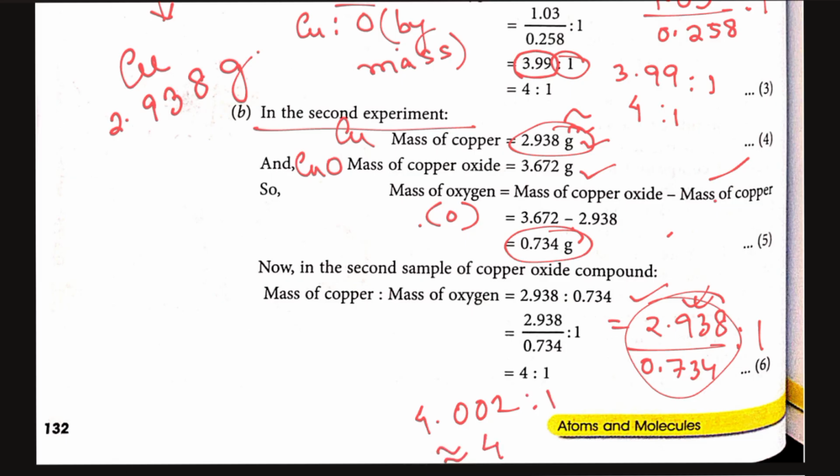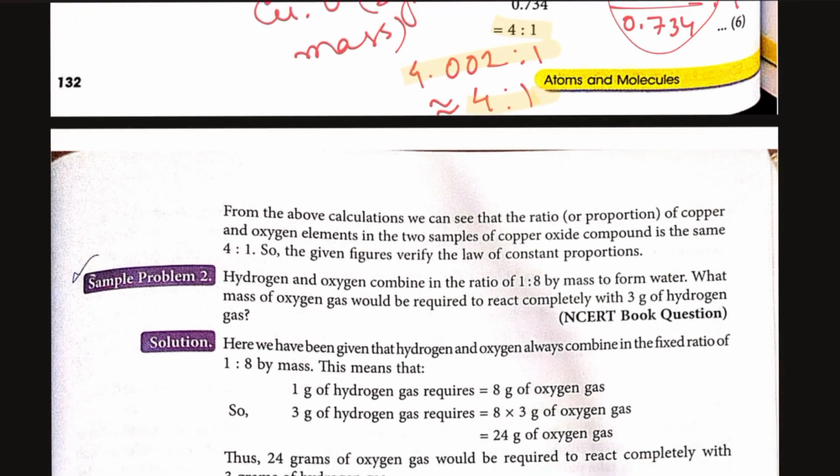So in the first experiment you got the ratio of copper is to oxygen to be 4 is to 1. In the second experiment also you got the ratio of copper is to oxygen by mass to be 4 is to 1 again. So it is fixed. Hence the law is verified.